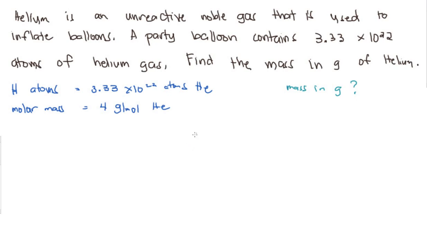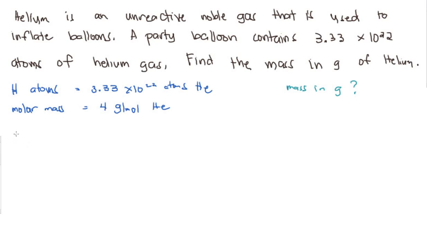Okay, so this is similar to the earlier problem but the process is reversed. Before, the mass in grams was the given, and we converted it to moles, and then the moles to the number of representative particles. This time we will do the reverse process. First, we need to get the number of moles using the number of atoms.